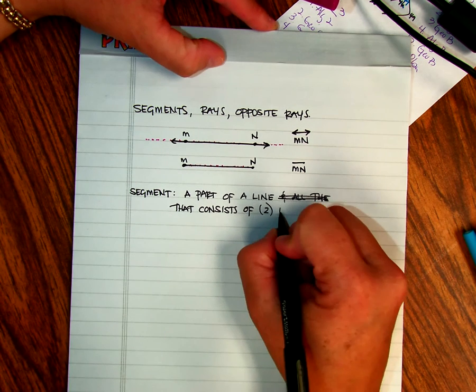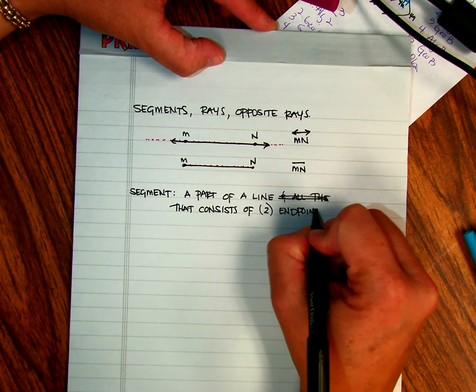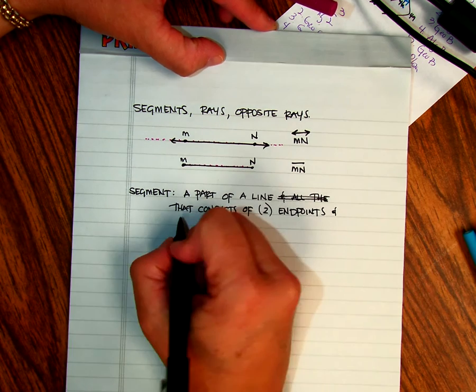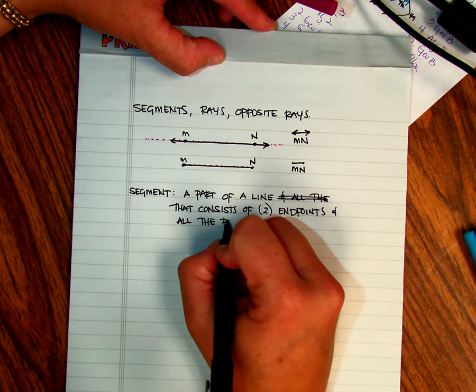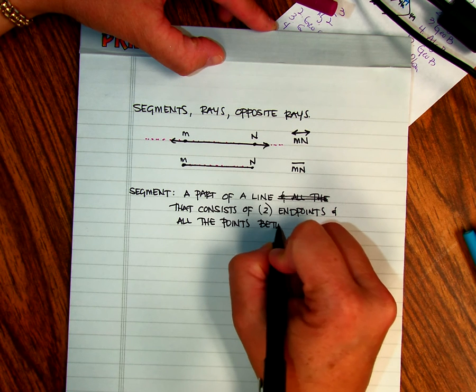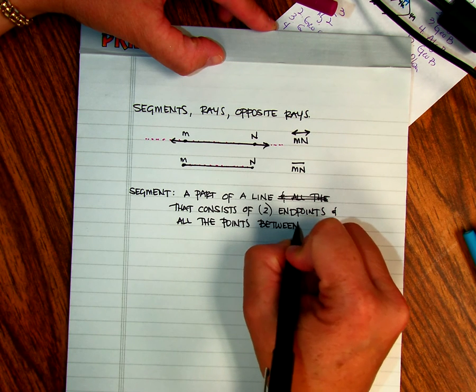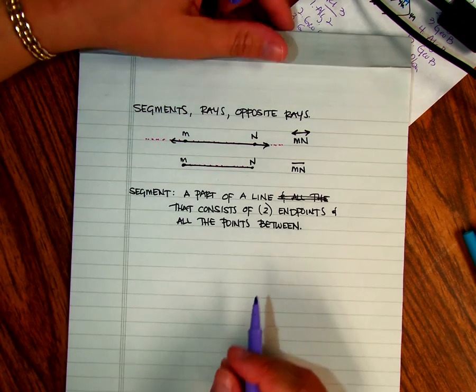It's a new definition. And all the points between. Part of a line that consists of two endpoints and all the points in between.